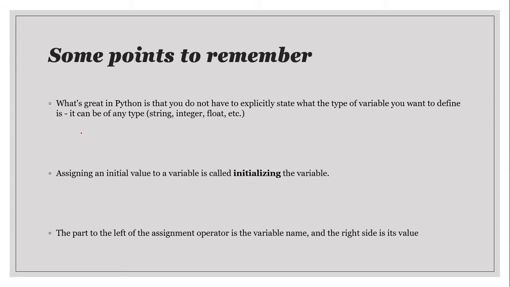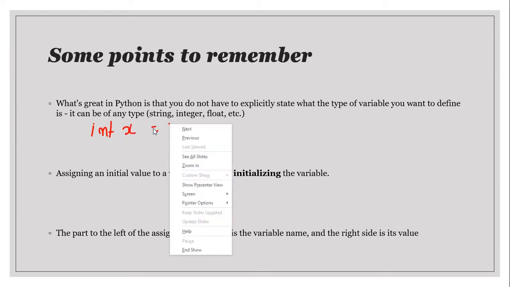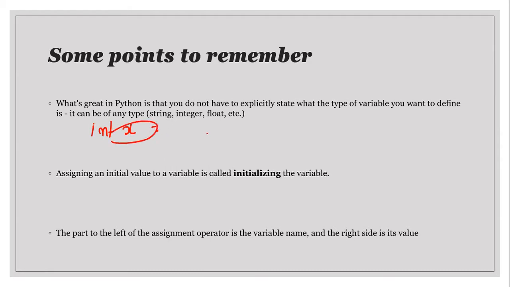If you have worked on programming languages like C, Java, you know that we have to declare the data type, and then we can assign the values. But in Python you don't have to do it. If you just assign the value, you don't have to declare it as integer or float. It will automatically understand what kind of variable you're declaring.